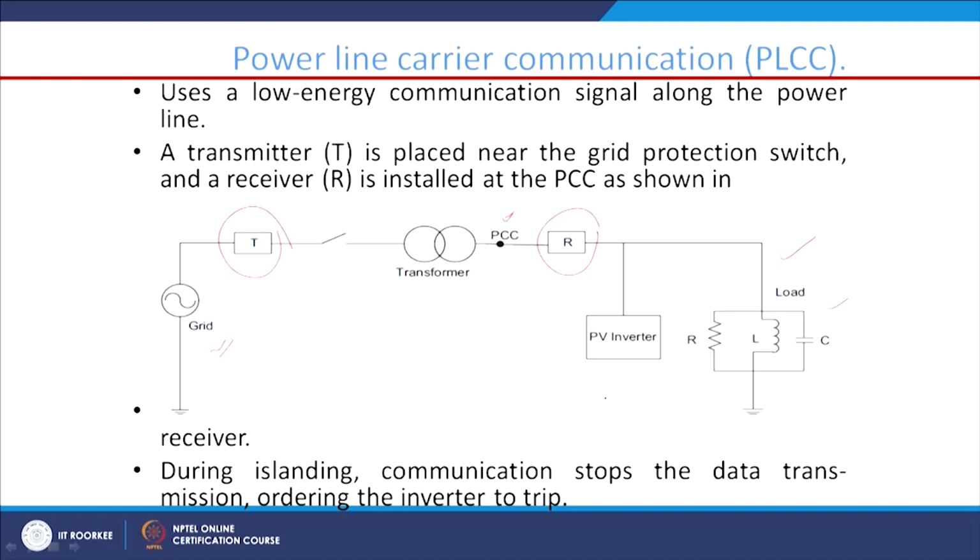Now, when this grid is disconnected, the transmitter will send a message to the receiver that the grid is disconnected. Then the inverter controller will shut down this PV system, so that no current is supplied from the PV system to the load. That is the meaning of the power line carrier communication based technique.